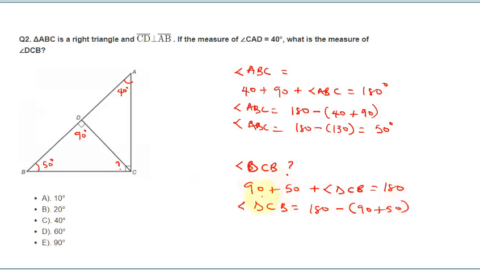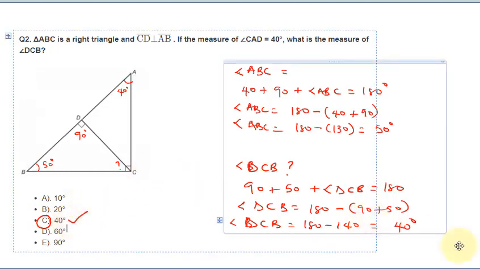So 90 plus 50 coming over, angle DCB will give us 180 minus 90 plus 50, that's 140. So this is going to give us 40 degree. So the correct answer here is going to be C. And this is a geometry question from GED Maths.